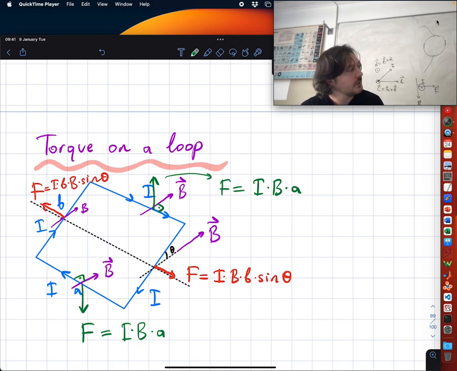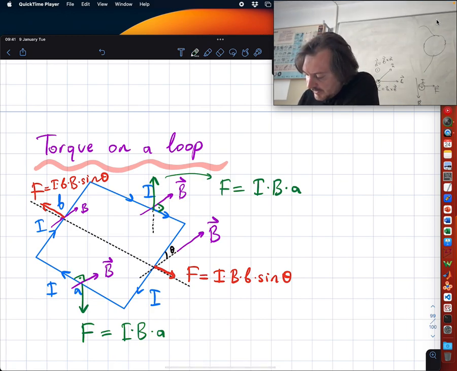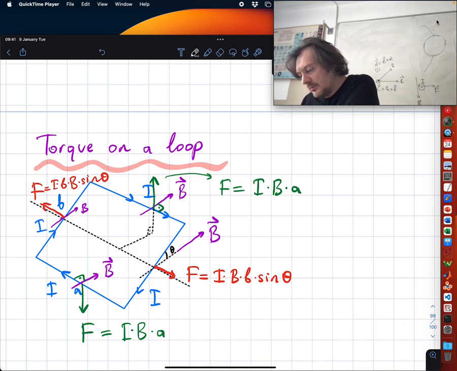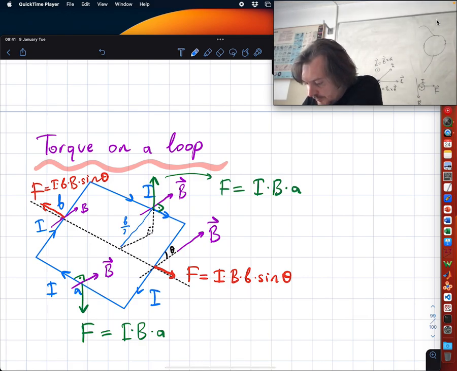Yes, they do. To find their torque, we can just extend it like this. So what is this distance? The arm of force is, you see, this is b over 2.